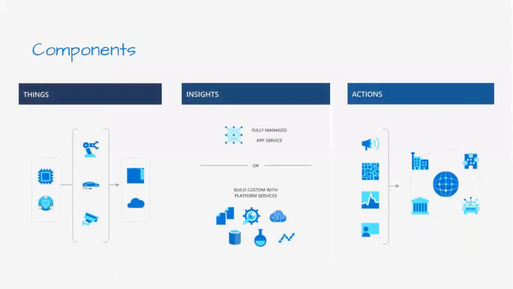When discussing Azure IoT, we consider how these services work together across three components. The three fundamental components of Azure IoT are things, insights, and actions. Things. Things are the physical objects such as industrial equipment, devices, or sensors that connect to the cloud.